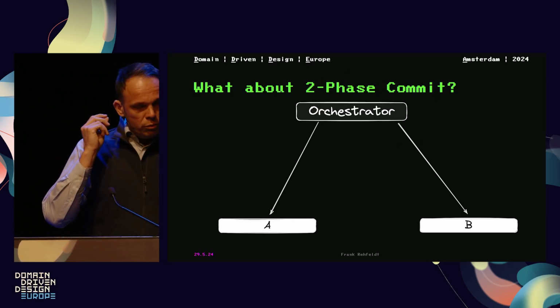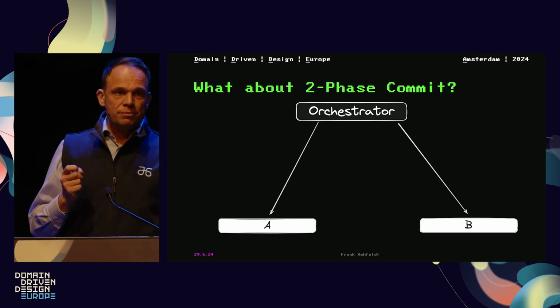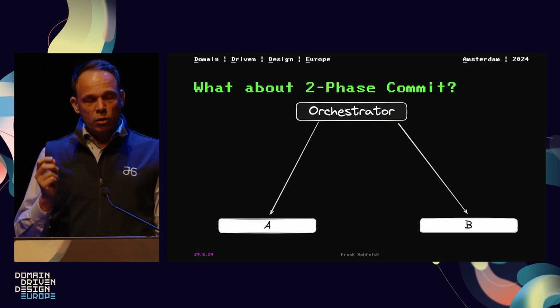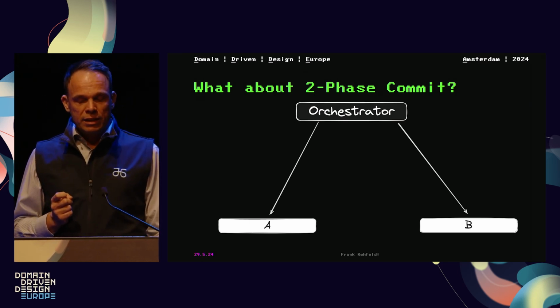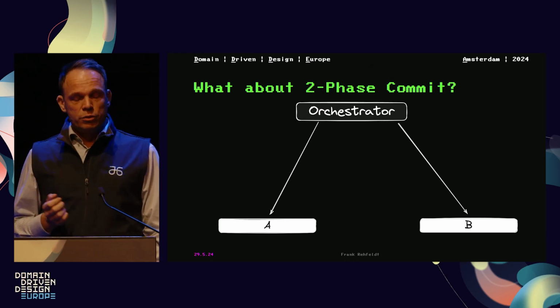And it's really, really important to keep in mind that two-phase commit only deals with the A in ACID. It only deals with atomicity. It makes no assumptions about isolation, for example.